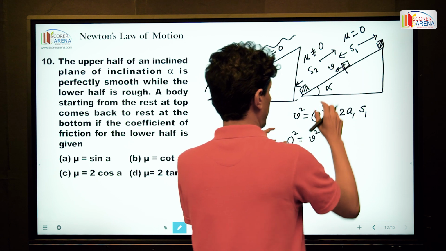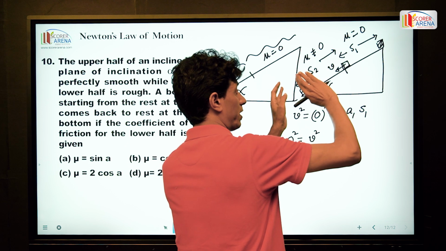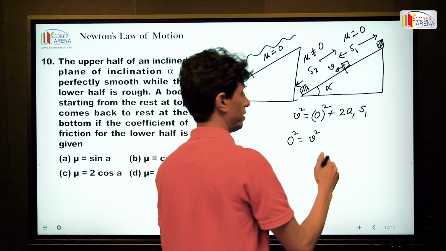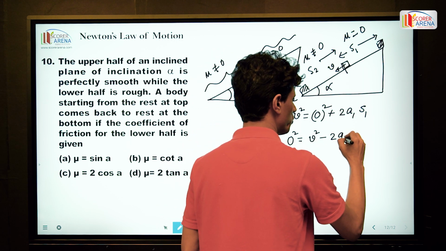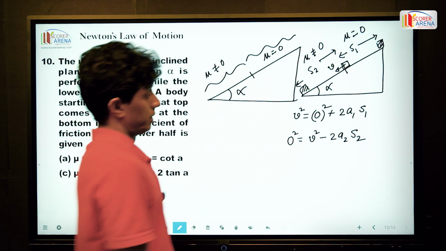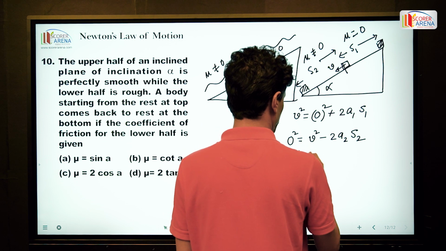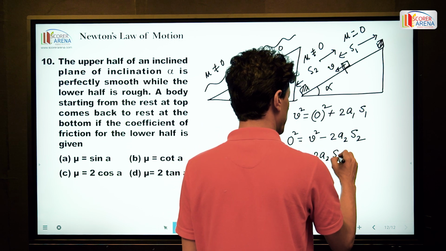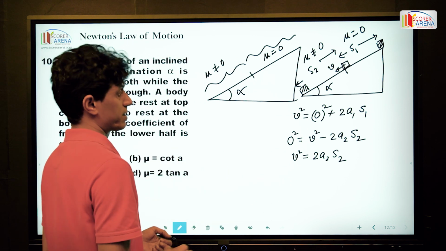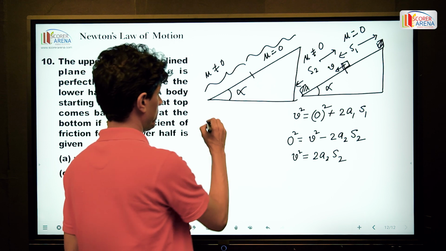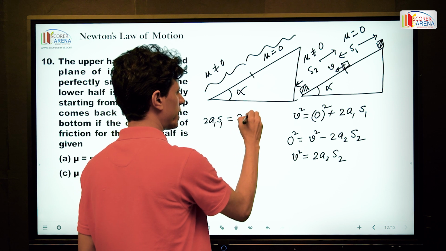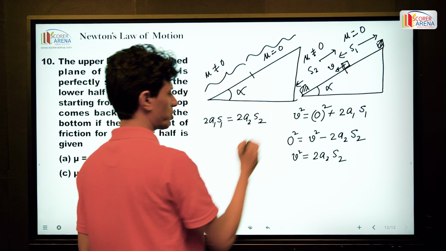Since the velocity decreases and finally becomes 0, in this part there is retardation a2, and the path length is s2. So v square is equal to twice a2 s2. From these two equations, twice a1 s1 is equal to twice a2 s2.